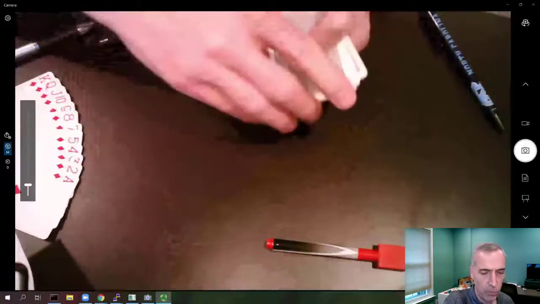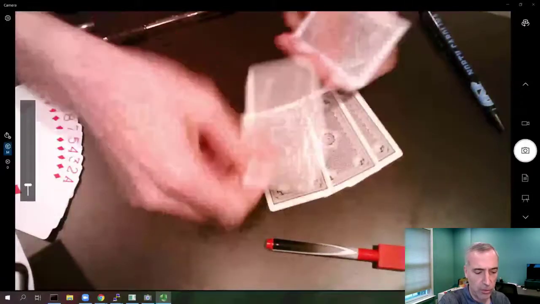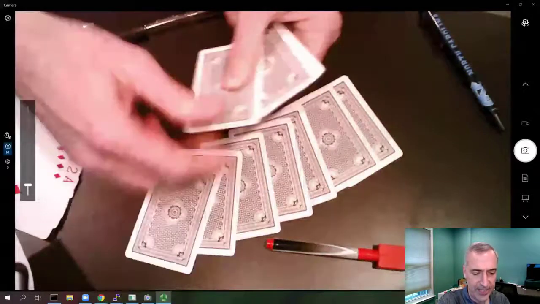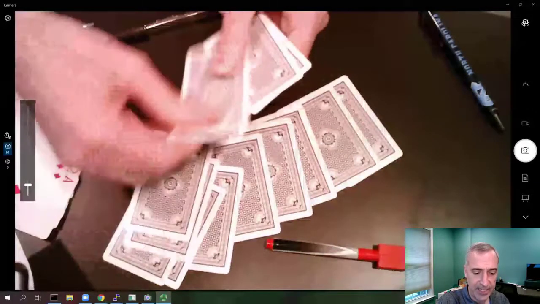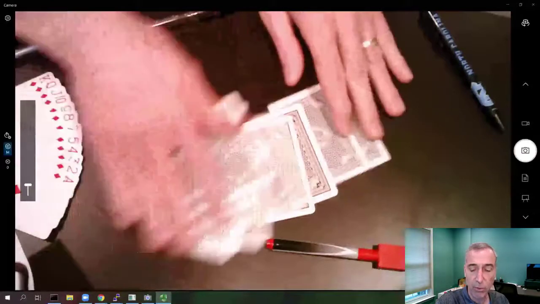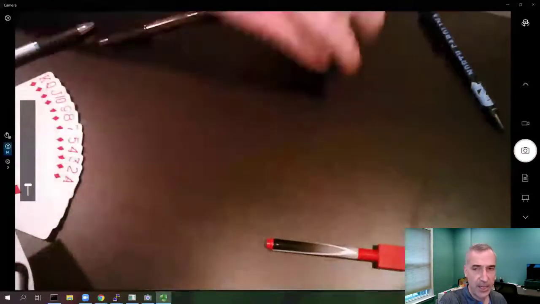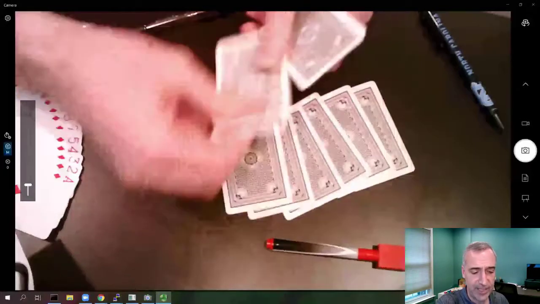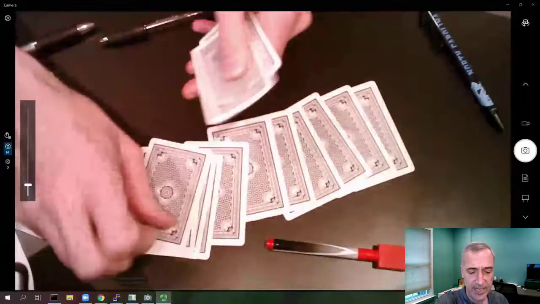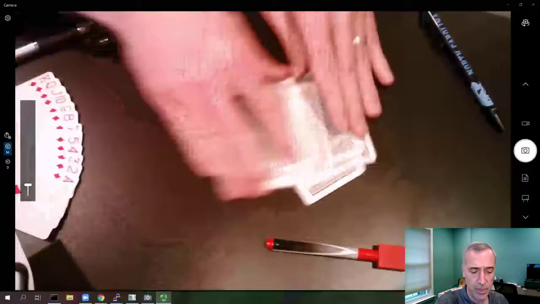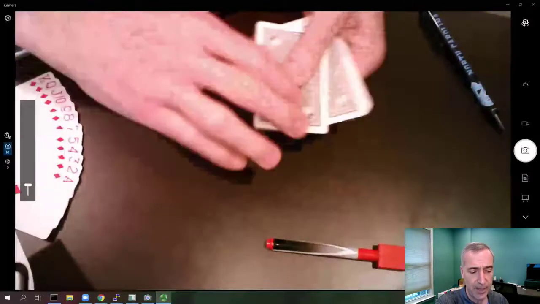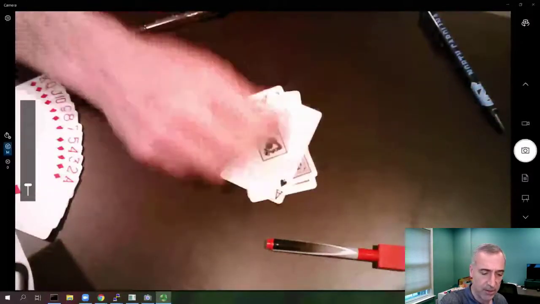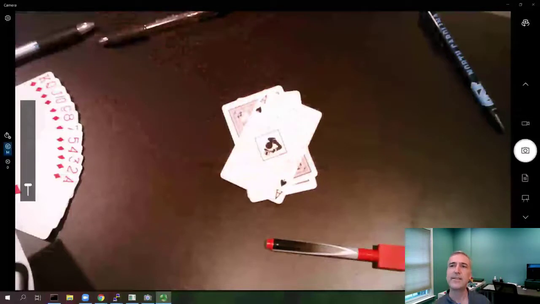That's cut 1. 1, 2, 3, 4, 5, 6, 7, 8, 9, 10, 11, 12, and throw the rest on top. And let's do it one last time. 1, 2, 3, 4, 5, 6, 7, 8, 9, 10, 11, 12, and throw the last one on top. And of course now, it's the ace.